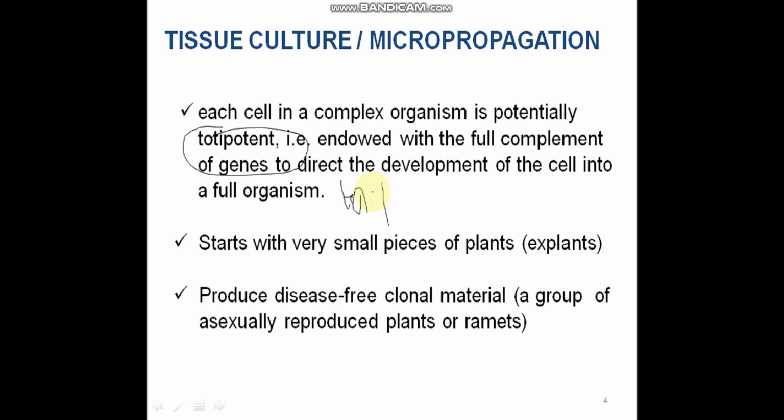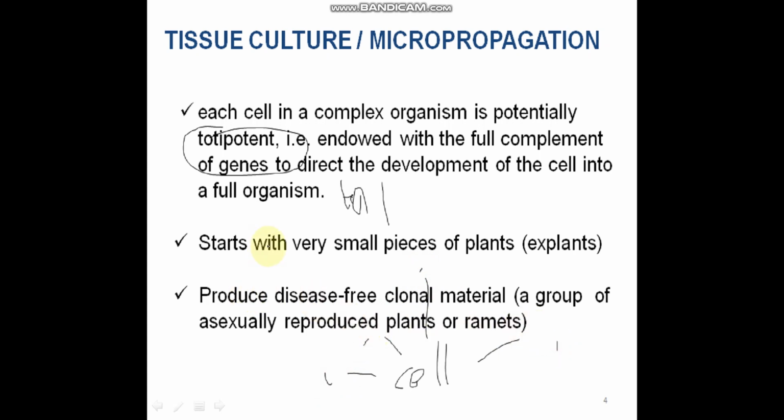For example, it can be a root, it can be a leaf, it can be anything. Cell turns into root, leaf, branches or stems. So that is what it means by totipotent. It has a total potential of becoming anything.